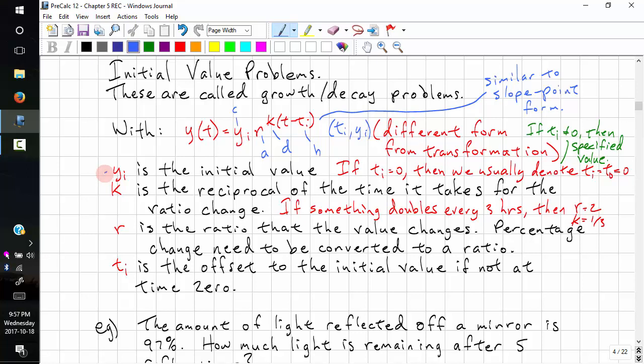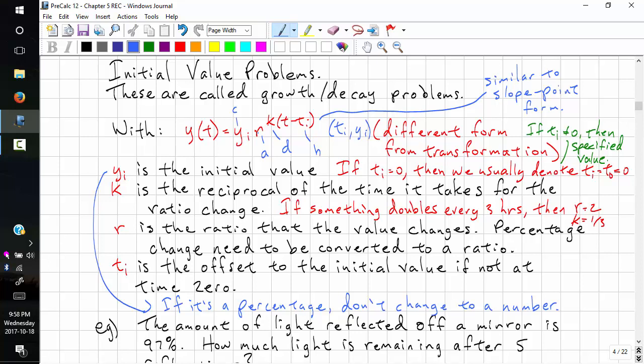So you should also note that yi, if it's a percentage, don't change it to a number. Because that's our units. We can have y as a function with a percentage. However, the ratio, this one needs to be converted to a number.